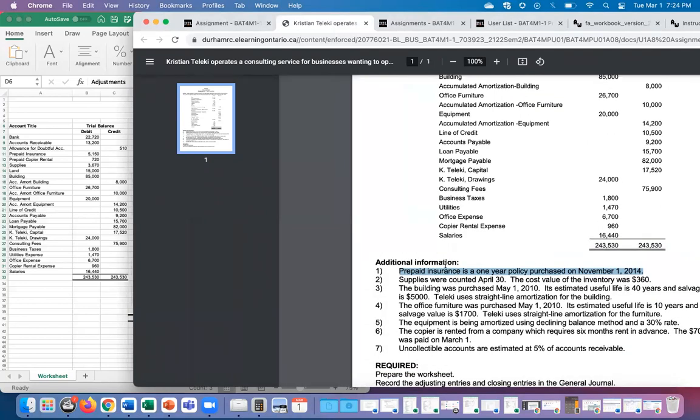The first account that's going to be affected by this transaction is the prepaid insurance account. The first thing I would do is check to see if I knew where that was on my worksheet. Prepaid insurance is an asset account, so most likely it's going to be toward the top.